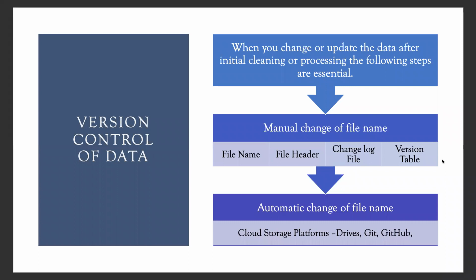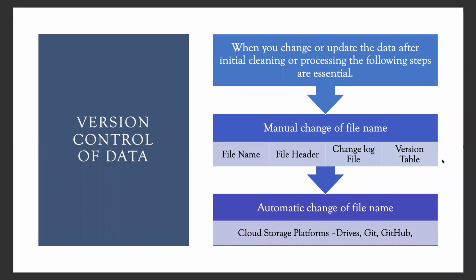Sometimes some of the drives do let you save different versions of the same file, but it's not as controlled and automatic as Git or GitHub. You may not need Git or GitHub in this course, and they are for more advanced users. So I would suggest you focus more on the manual change of file names at this point.